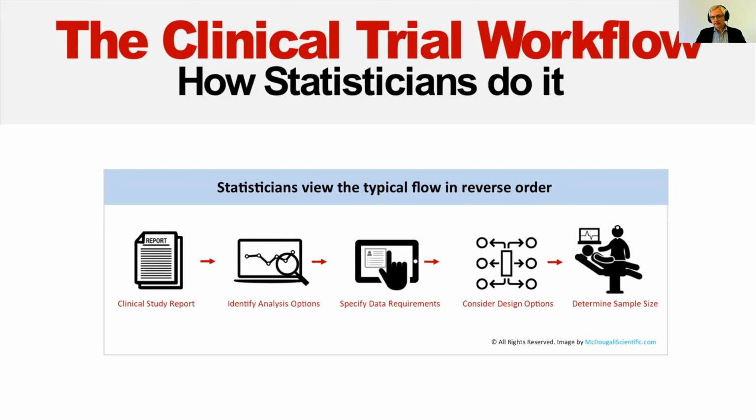It's only after that that we can start considering the different design options. And we'll go through quite a few different design options. But the statistician's job is to make your study as efficient as possible. Efficiency we'll talk about. That's reducing the number of patients required or reducing the time required.